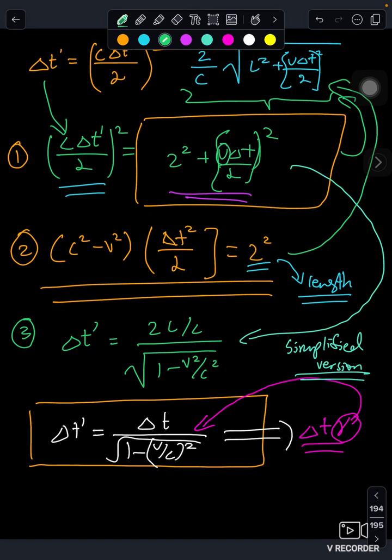Remember, V is for the object. Let me write it somewhere over here. V, the speed of moving object.